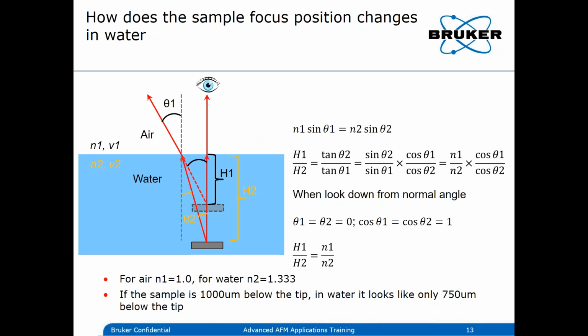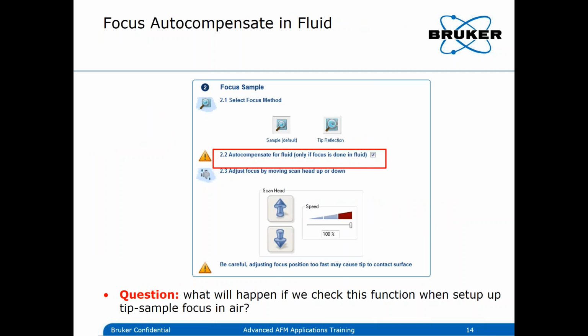For the icon system, we have a focus auto compensation button, which you can check if you select in your experiment, for instance, contact and fluid, and you go to the setup. From the setup, go to navigate, and in navigate you find a checkbox where it says please auto compensate for the fluid.